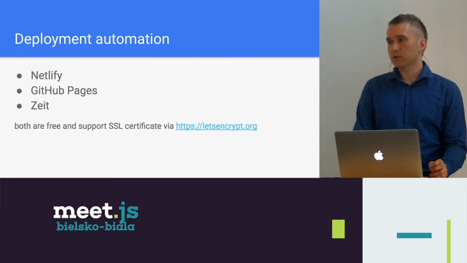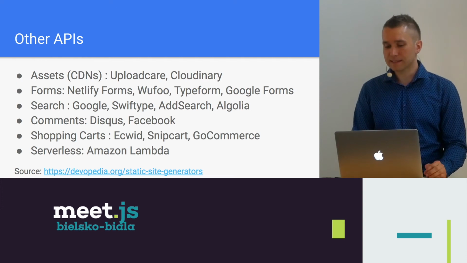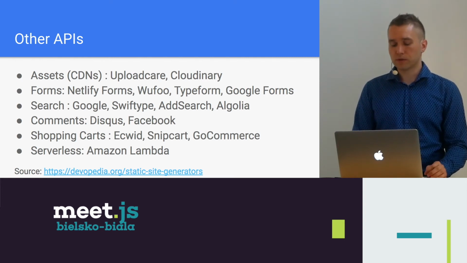Other APIs: of course, our site cannot live without other APIs. The first thing that comes to your mind is probably assets. There are solutions for handling them. It's mainly about collecting them, serving them fast, and allowing you to modify them. Forms, this is the second thing.